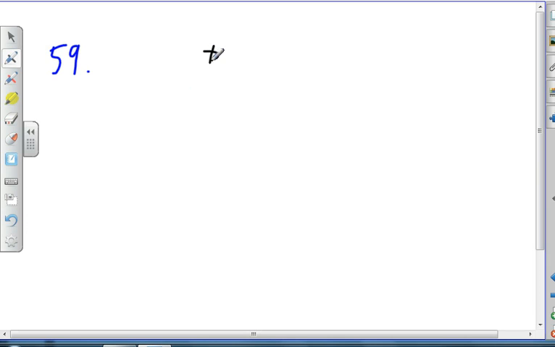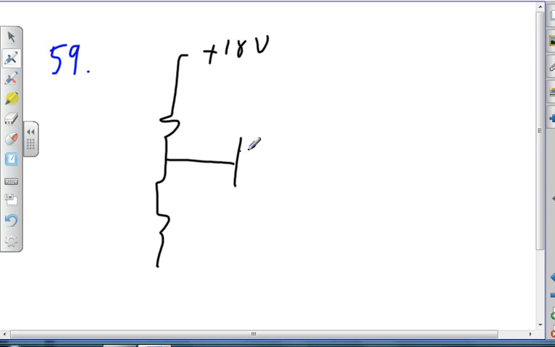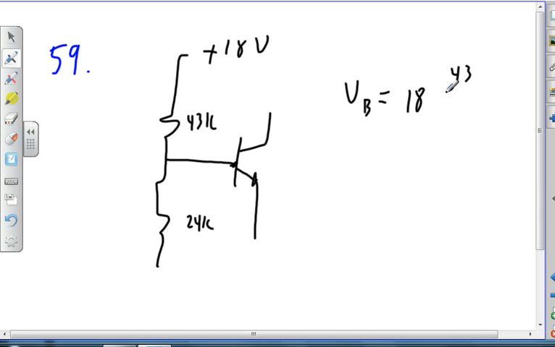If I had 18 volts and I sent it to some voltage divider to a transistor, and this guy was 43K, and this guy was 24K, then what's the voltage on the base? Voltage on the base: 18 times 24 divided by 24 plus 43.